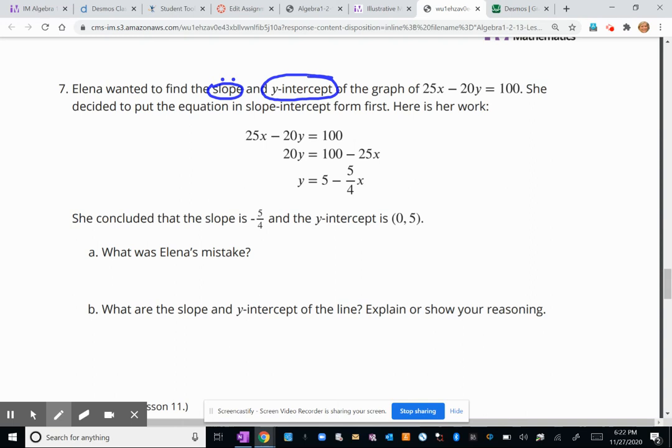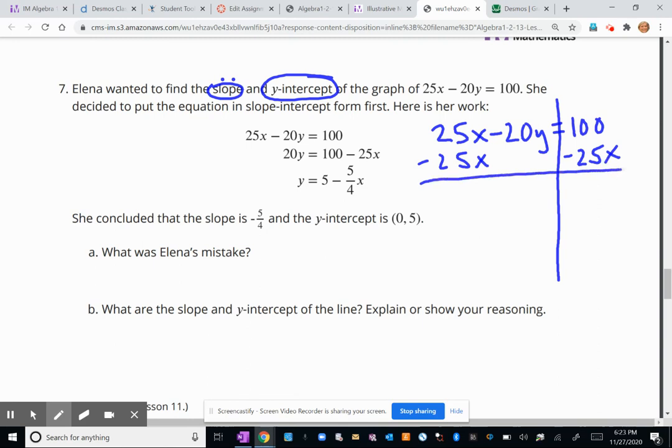So I can see it right away. So here's what happened. She did the first part correctly. So she wrote down the equation. And then she's solving for the y, so she subtracts the 25x from both sides.